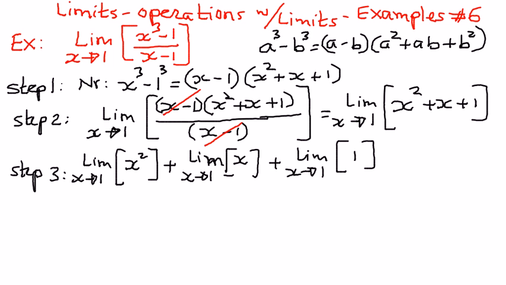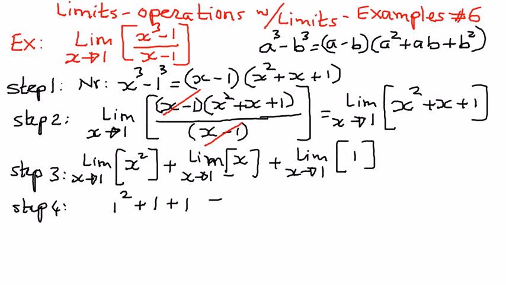And now as step number 4, we can come back and then substitute the values of the variables. As variable we see x, we're going to substitute the value of 1. So therefore we can write this as 1 to the power of 2 plus limit of the function x as x approaches 1. We'll substitute the value 1 for x, so therefore 1, plus the limit of a constant number is going to be equal to 1.